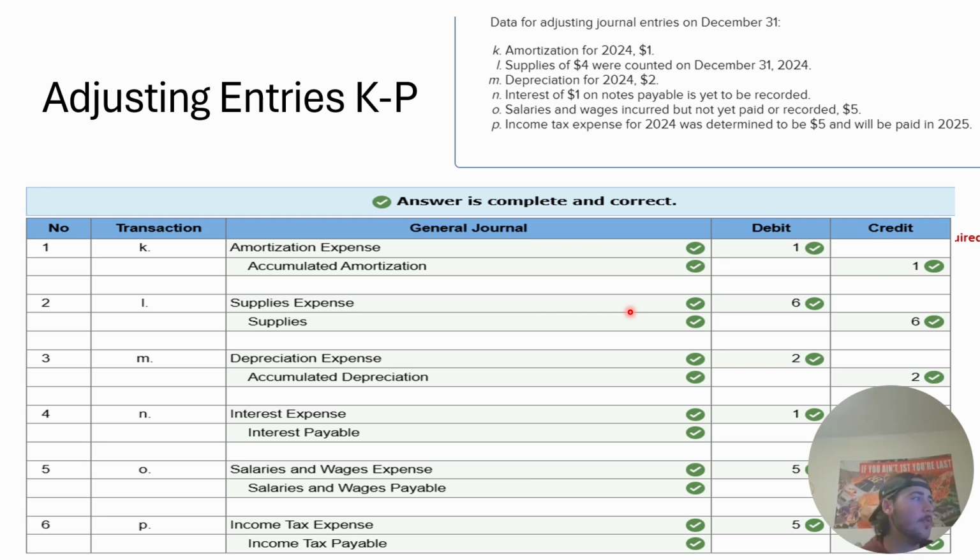Those are always simple. Interest of $1 on notes payable is yet to be recorded. So if it's yet to be recorded, obviously you have to record the debit to the expense and then a credit to interest payable. That way we end up paying it.